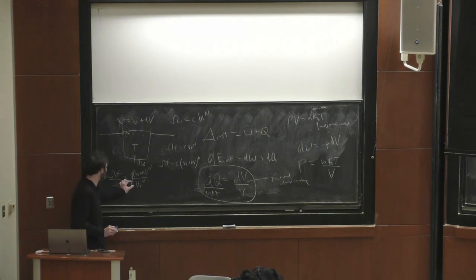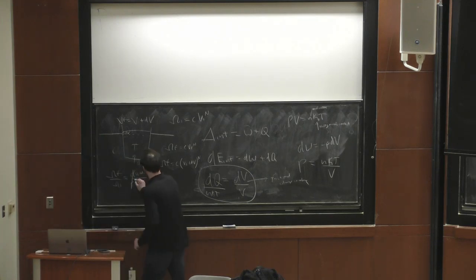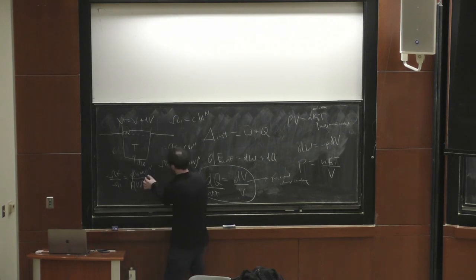Now what I can do is I can just divide this out by this, because I have a fraction here. They're both to the power of n, VI and that. So I can write this as VI plus dV over VI to the power of n.